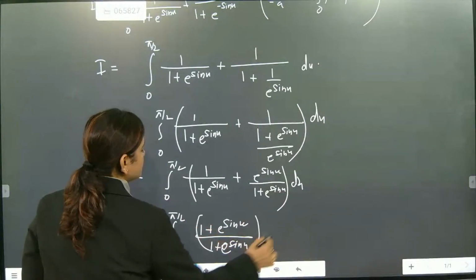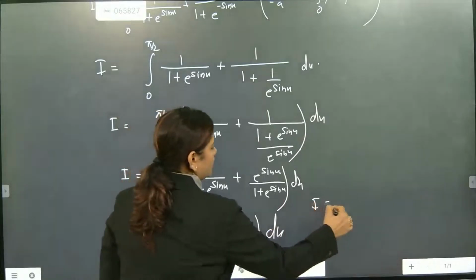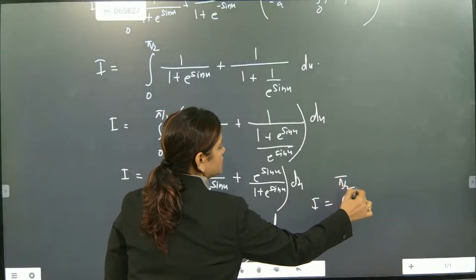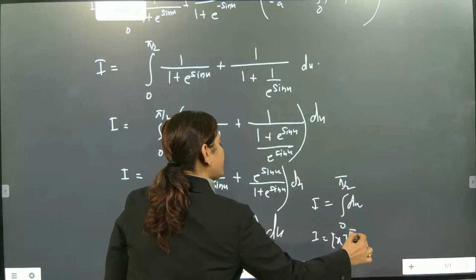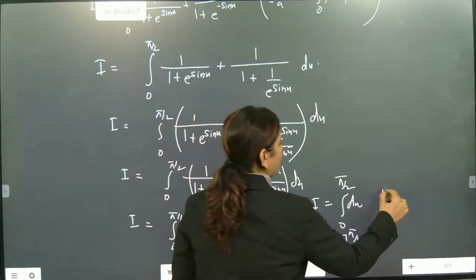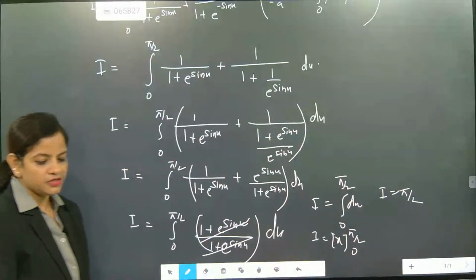See, this will get cancelled. Story over. That's it. See, if you are talking, I will finish your work. This is coming as dx. I is equal to x from 0 to pi by 2, so I is equal to pi by 4. This is the way to solve.